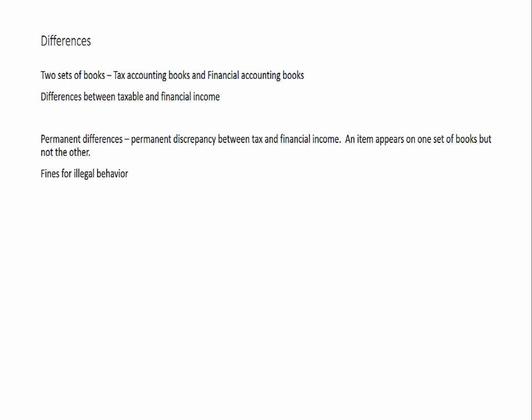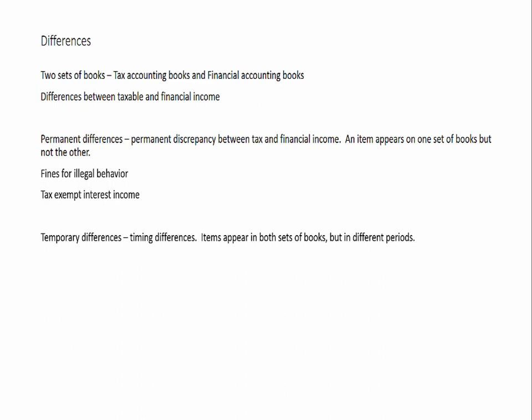If you get fined by OSHA or fined by the EPA, that is a deduction on your financial income statement, but it is not tax deductible, so it appears on one set of books and not the other. Similarly, tax-exempt interest income. If you buy municipal bonds, the interest revenue on those is recorded on your financial income statement, but it is not on your taxable income statement.